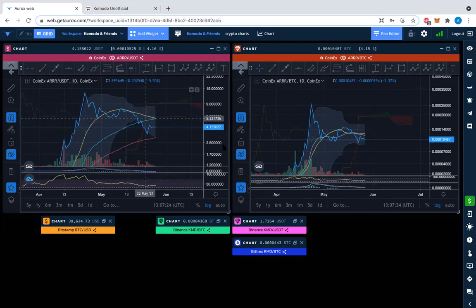However, in this correction, we have definitely seen a difference in moves. Sure, the zigzag came and hit the 20-period average.